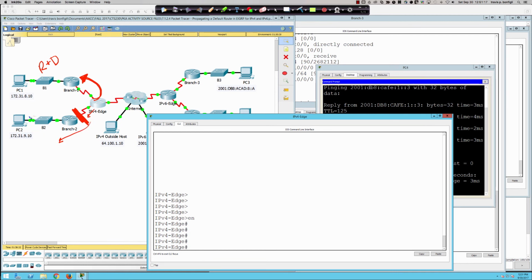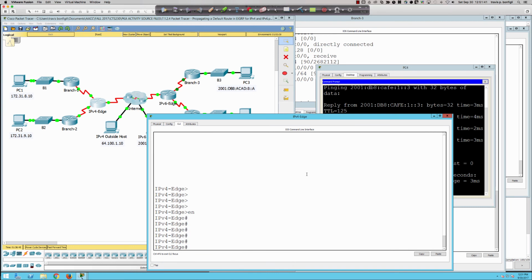Maybe this is a local network and, from a security perspective, you don't want your traffic going out the branch 2 router and then out to the internet. You want to isolate people here and keep them here. And so this is also a possibility that we can achieve through summarization.